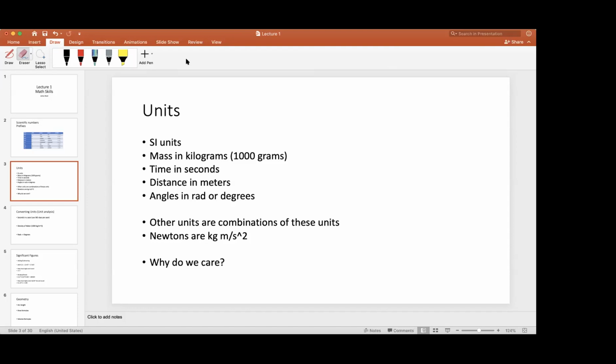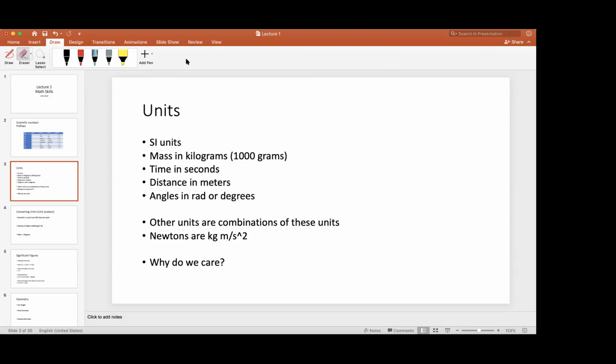If you've done any labs in high school or other college, kilograms are pretty big, pretty heavy. 100 grams is a decent sized weight, you know, a heavy ball or something. A single kilogram's a pretty heavy weight. So it's a little weird that we use kilograms, but that's what we use. Time is in seconds. We are going to use distances in meters, always meters.